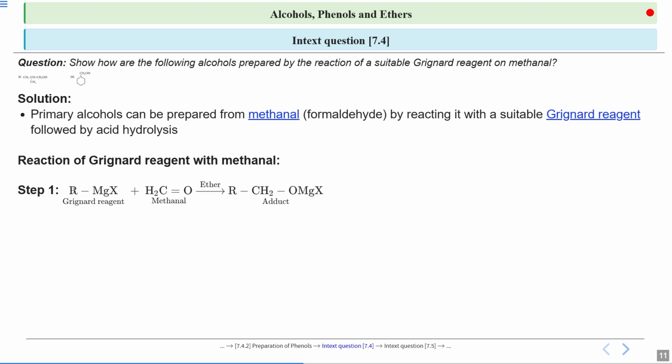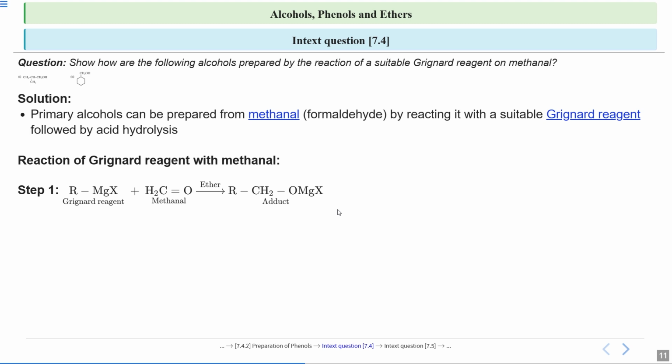So this R will attack on this carbon, which is electron deficient because oxygen has withdrawn the electrons. As you see in this adduct, at this CH2 group, this R has attached. So this adduct is formed, that is the addition product of your Grignard reagent and your carbonyl group. This is the intermediate in this step.